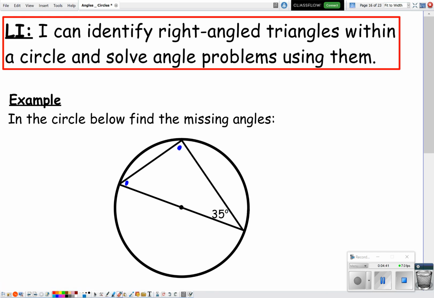So what you should be doing is taking a little look and saying to yourself, right, I've got a right angle up here. So that bit you should be doing yourself. And then because we now know two of the angles in the triangle, nice and easy, the other angle is 180, take away 90, take away 35. Okay, and that comes to 55.